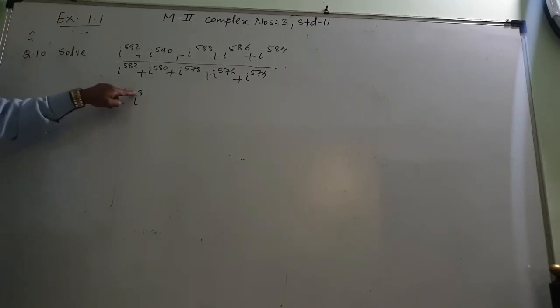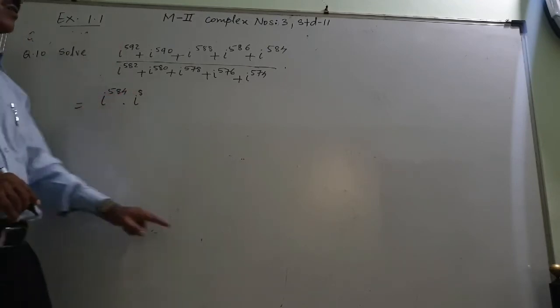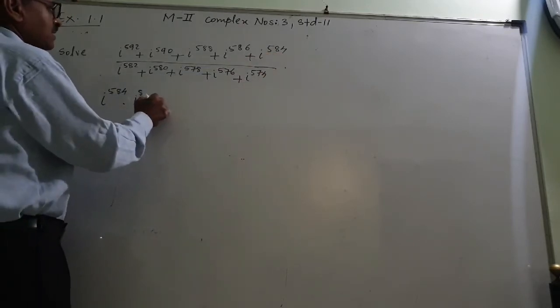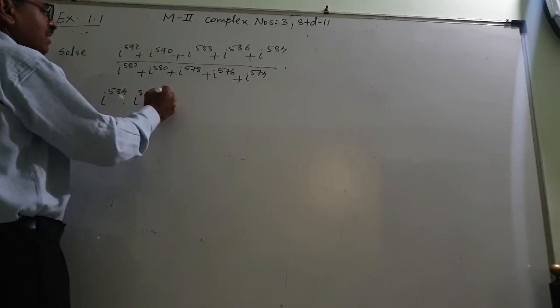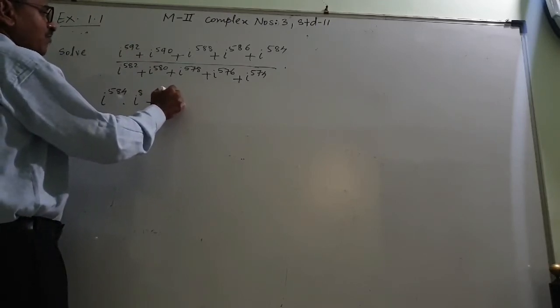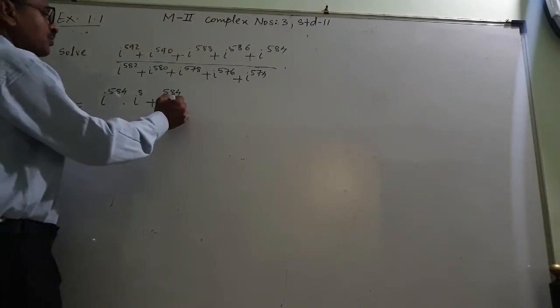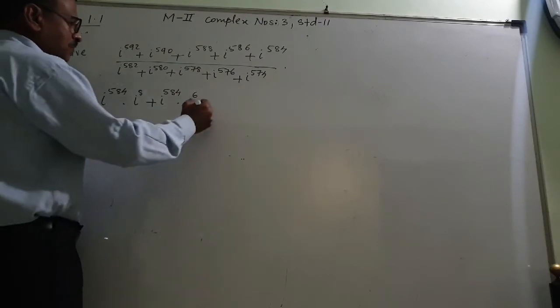Multiplication, addition of the indices, 584 plus 8 will be 592. From where I have brought this 584? From this lowest power. Plus i raised to this 590, so I will write 584 into i raised to 6 plus.